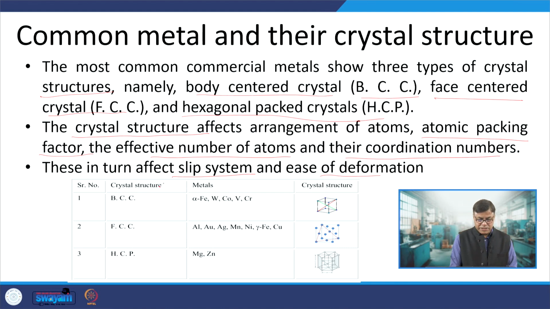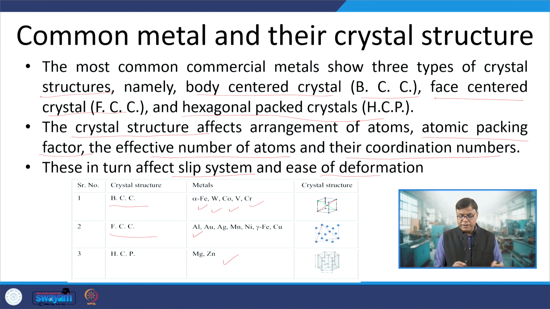So, the common crystal structures: the BCC structure is found in alpha iron, that is ferrite, tungsten, chromium, vanadium, etc. FCC is found in aluminum, silver, gold, nickel, gamma iron, copper, and HCP is found in Mg and zinc.